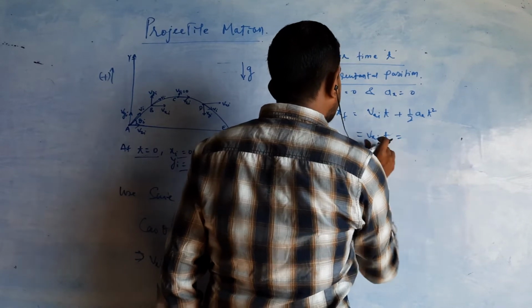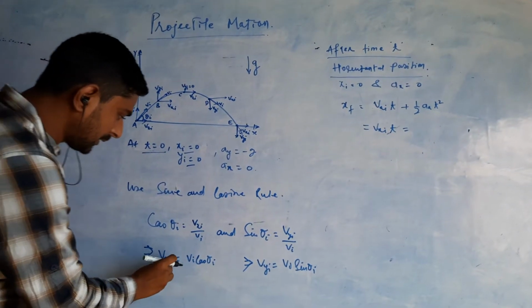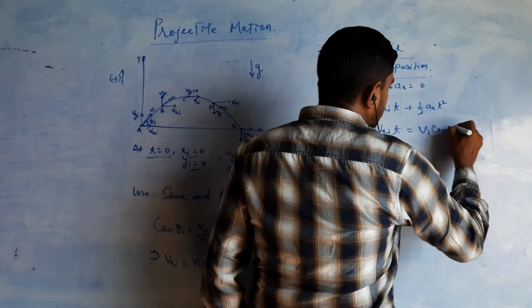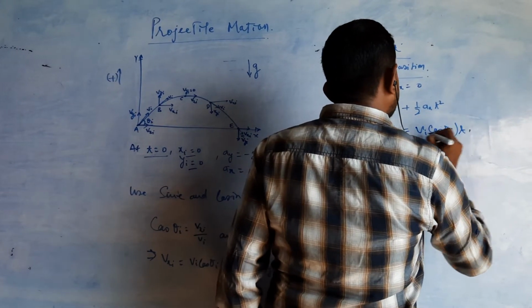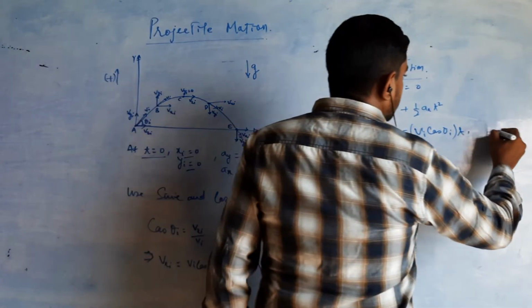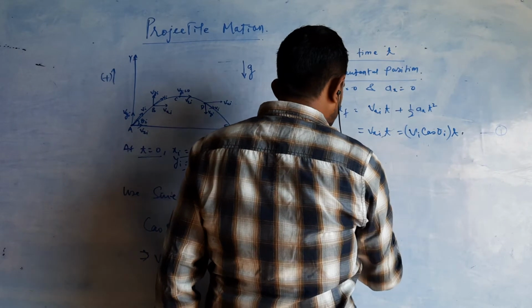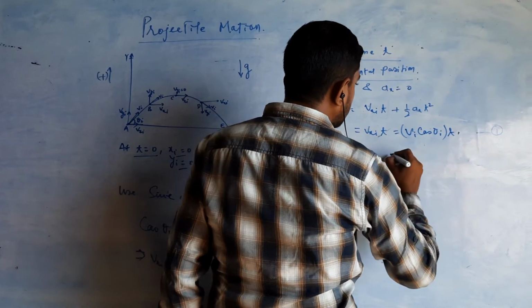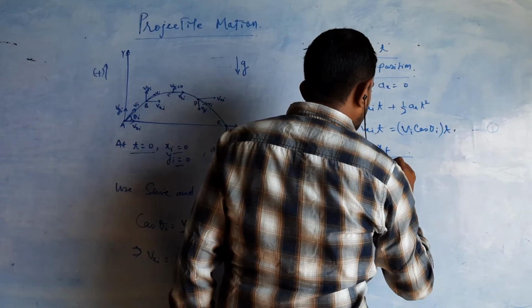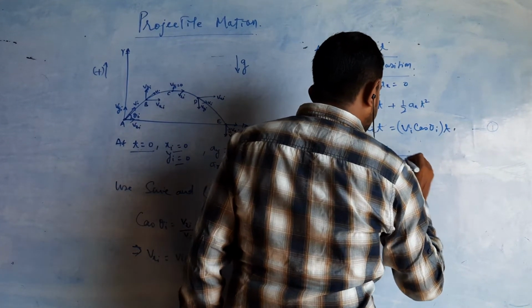And vxi is vi cos theta i. So x final is vi cos theta i into t. This is our x direction position, equation number 1. From here we can derive t. So t is x final upon vi cos theta i.